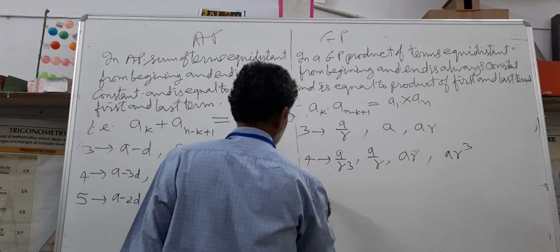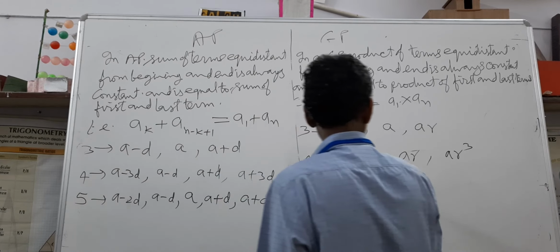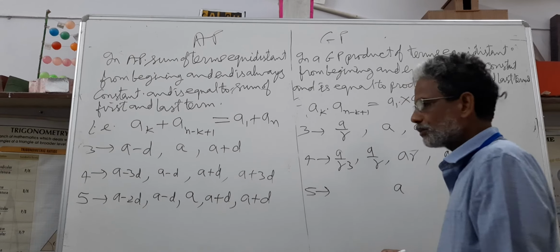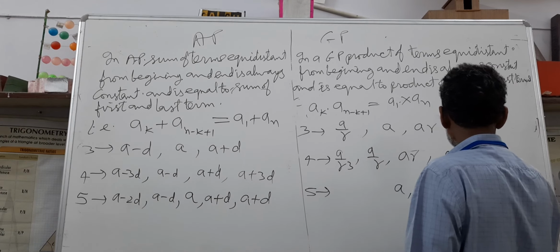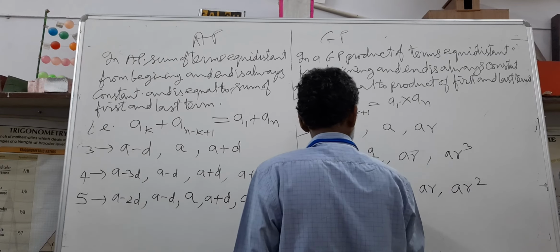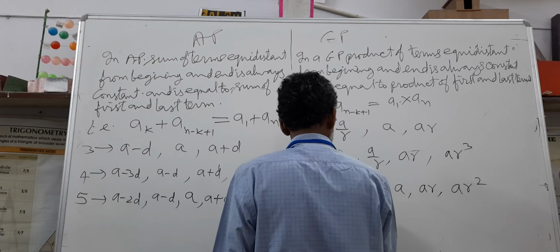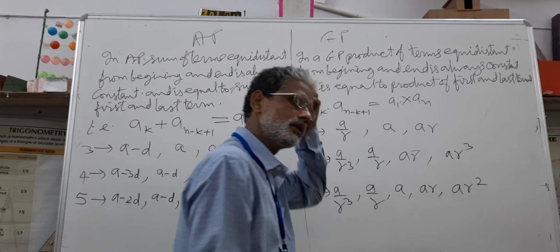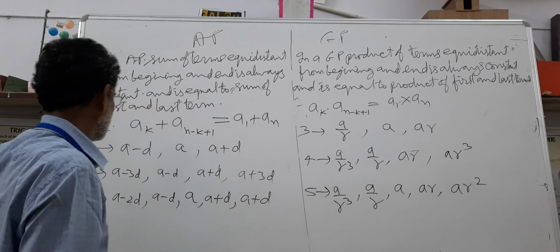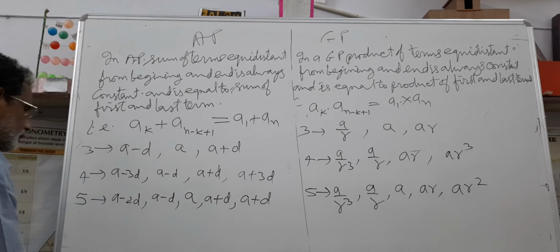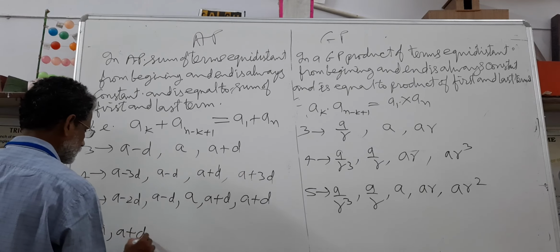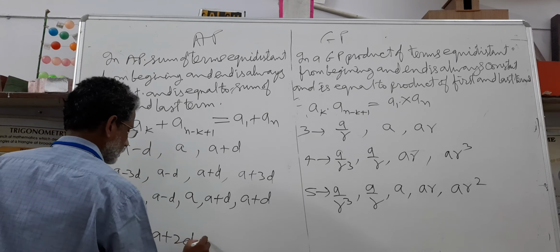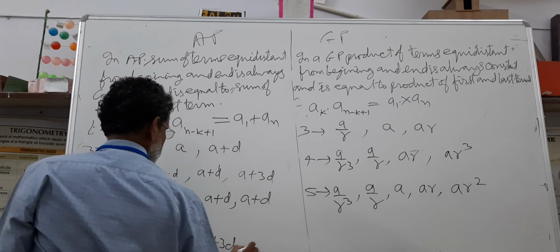Now in case of 5 terms, the central term A comes out again. The next term will be AR square, A by R square, AR, A by R. In AP, you add D again and again: A plus D, A plus 2D, A plus 3D, and so on.